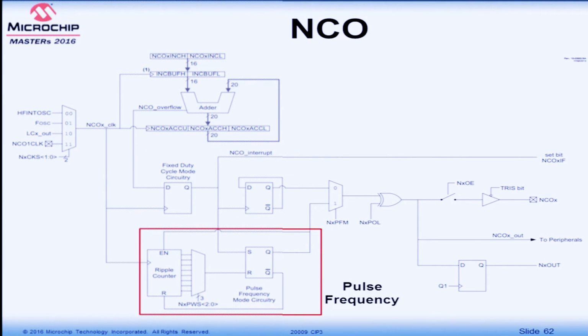If you do the PF mode, the overflow goes here, the same clock source goes here, and your overflow is going to set the output of this guy. When it gets set, it will also enable a ripple counter. The ripple counter is going to start counting at the same frequency as your clock source to the NCO, and it will reset the output back to 0 after it has counted this many pulses. Make sense?